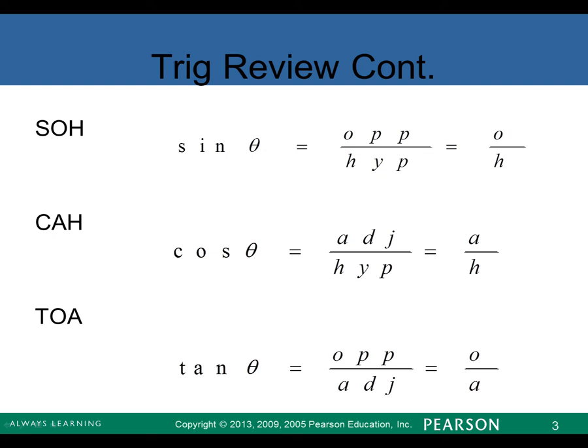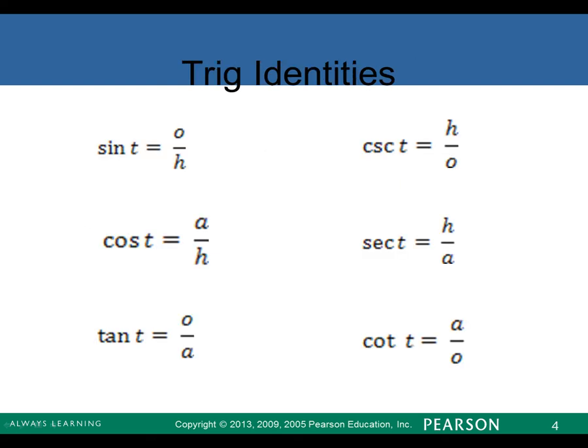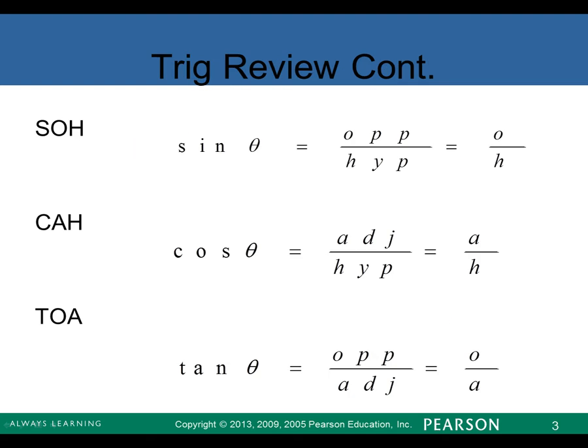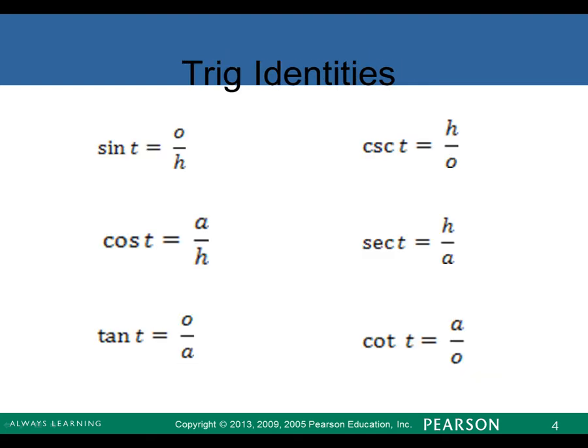Okay. There are other functions which we call the reciprocal functions, which we'll get into a little bit later on. But once you know these, the reciprocals are a little bit easier to identify. And so here we go. We have sine. This time we're using t instead of theta. You can look at theta as a variable, so you can also use t or angle alpha, or different variables.